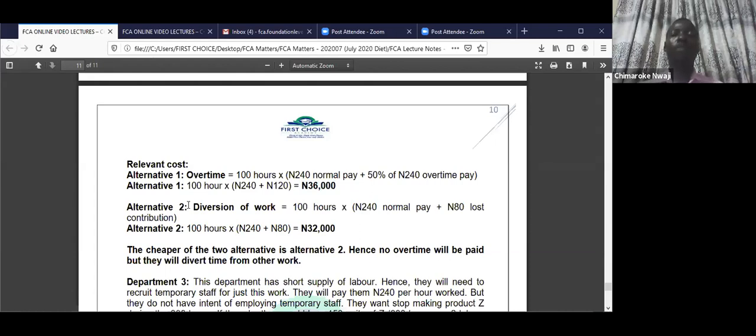Now, assuming they said no, let's test the other option. Let's ask some people who are doing low productive work to be diverted to come and do this job. They're going to spend 100 hours, fine. And you are going to pay them as if they are recruited to come and do this job as a temporary staff. So you are going to pay them 240 naira normally. You see, the same thing you did here, the job is normally paid 240, you pay them, but because they are spending overtime, you are going to pay them overtime.